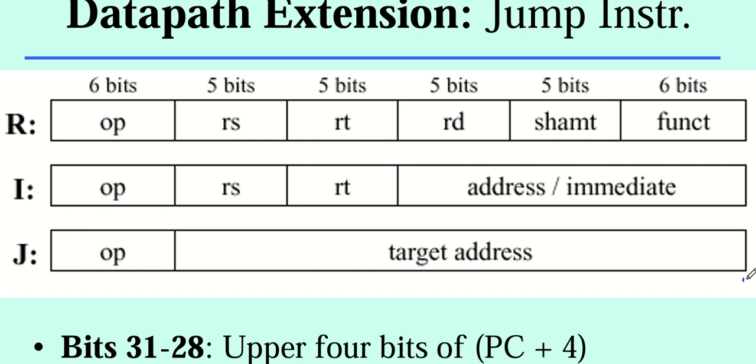From 0 to 25, sorry, and from 26 to 31 is for the opcode. So always 26 to 31 is for the opcode for all of them. And from 0 to 25 for jump is for the target address.